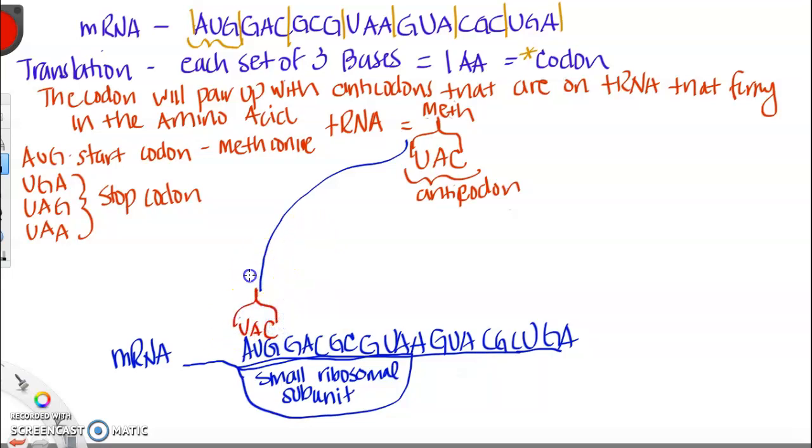And here's the methionine, and I'm just going to make a ball of it. Okay, that's methionine. Once the starting anticodon on top of the start codon, the tRNA that brings that in, attaches to that start codon on the mRNA, which is attached to the small ribosomal subunit, then things can start.